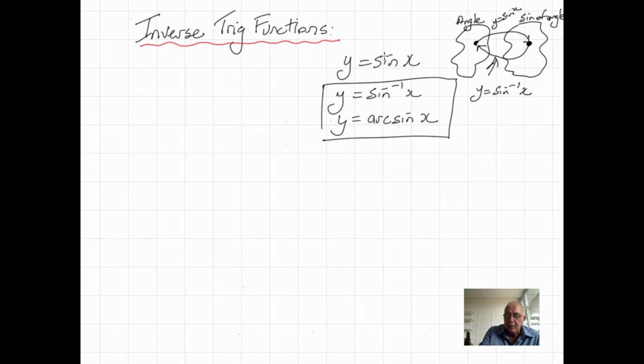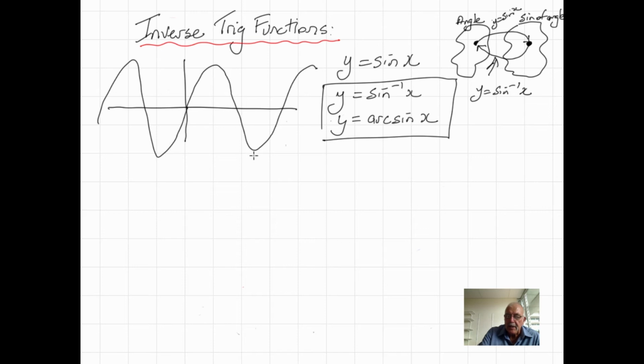Now one of the tests we had for an inverse function was that if we drew a horizontal line and it cut the graph in more than one spot, then it has no inverse. So y equals sine x looks like this.